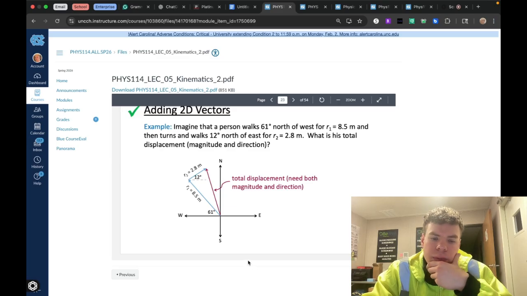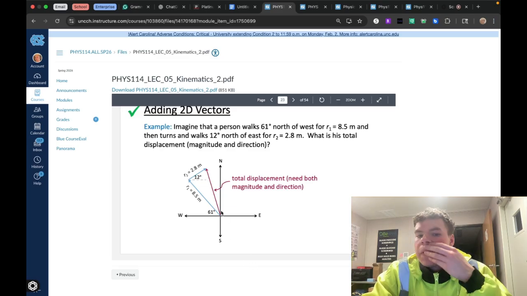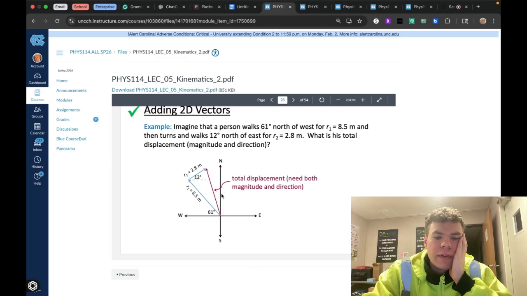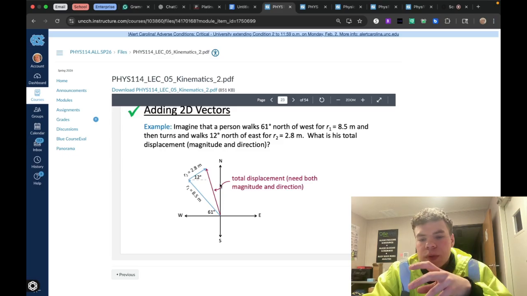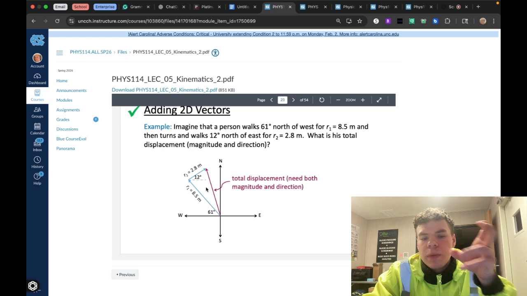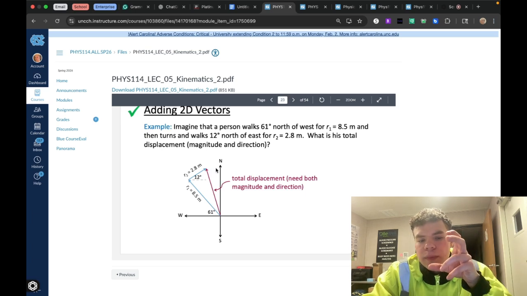So first we need to calculate whatever this x displacement is and whatever y displacement is. And then using a squared plus b squared equals c squared, Pythagorean theorem, we can basically solve the length of this. But in order to do that, to solve these lengths, we need to figure out the length of this and the length of this.